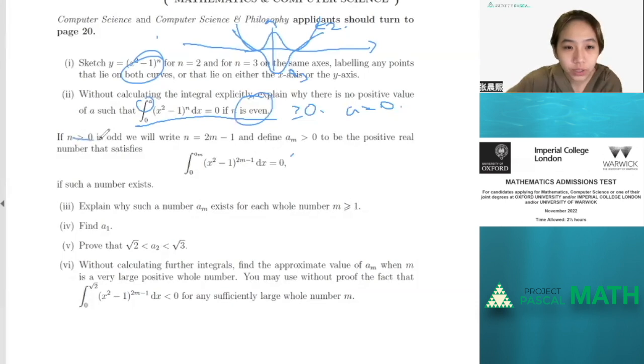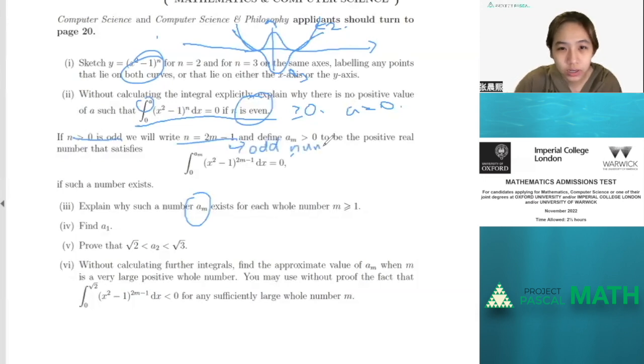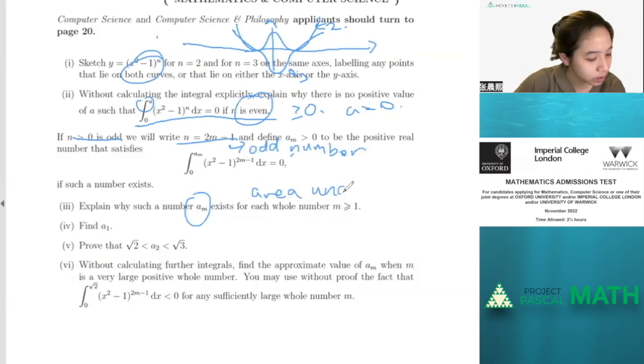So now if n greater than 0 is odd, then we write n equals 2n minus 1. Okay, explain why such a number exists. Oh, because this is an odd number, so there's going to be area under the graph and area below the graph.